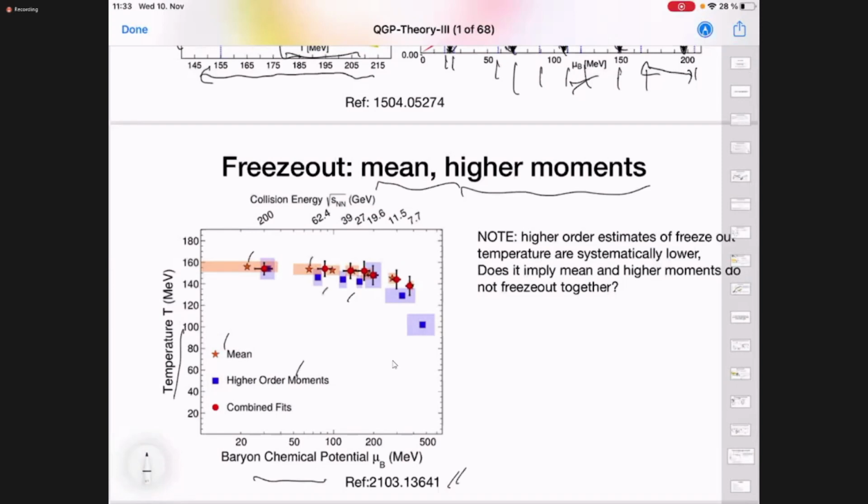And again, you see, systematically, from the higher order moments, it seems you are getting a few MeV lower values as compared to the mean. But at least at the 0th level, we have tried to look at this freeze out from various angles, and more or less there is a region on which all the methods are falling.